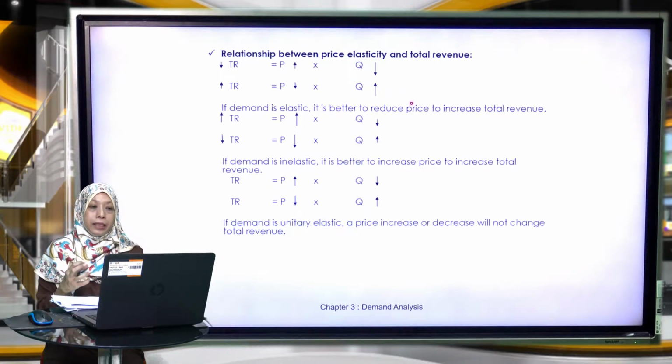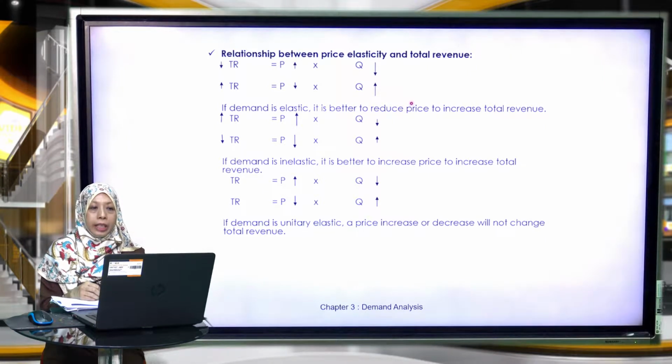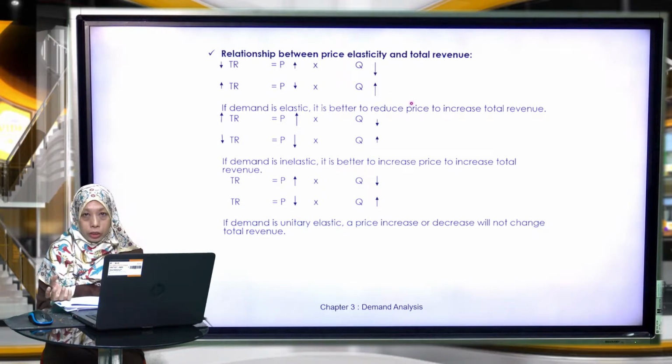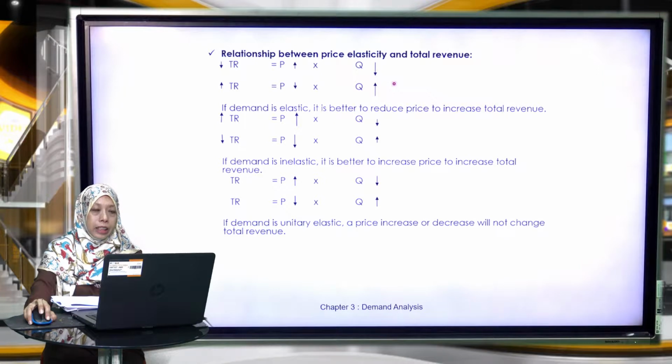But what we need to do is tie the price elasticity concept with the total revenue concept. Total revenue is simply price multiplied by quantity, your sales volume. So we're going to find out, given the degree of elasticity, what would be the best pricing strategy that a firm needs to implement.